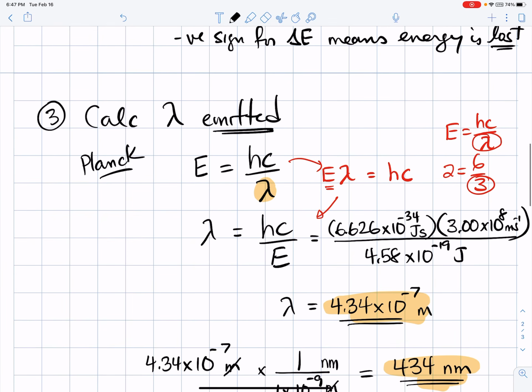Now notice, we've been using Planck to find wavelength. Planck also has an equation, E equals h nu, where you could use it to find frequency, right? You could say the frequency is E divided by h. So if you wanted to find frequency instead of wavelength, you would basically use Planck's other equation.